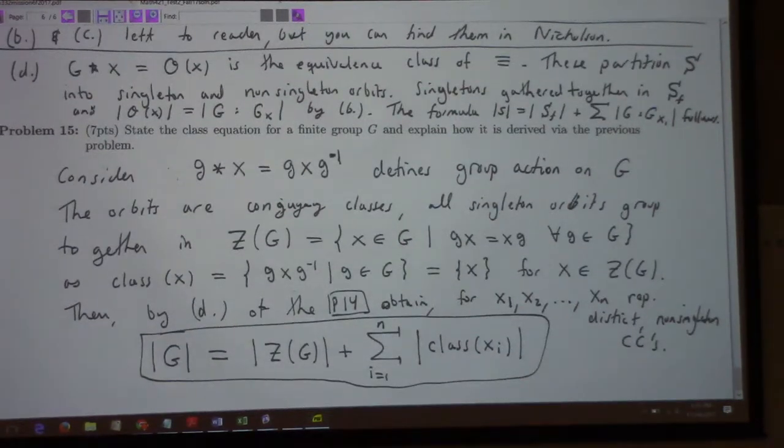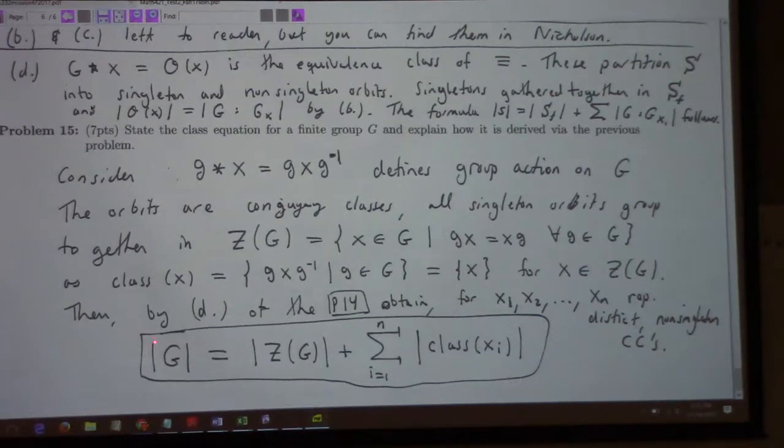And then finally, problem 7, I said, state the class equation and explain how it is derived. This was ignored by about half of the class, because of time, I'm sure. That's fine, I understand, there's a lot going on. But the thing I was looking for here mostly is that you mentioned that we're looking at the group action of conjugation, right?